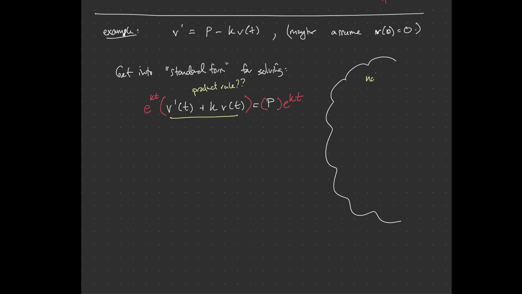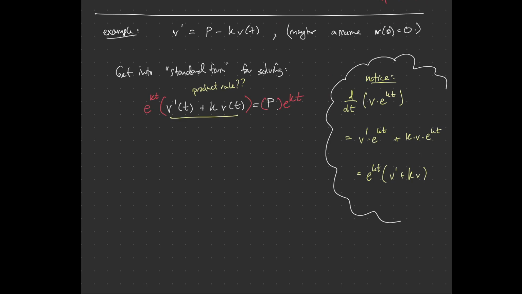Well, we notice that when I take the derivative of v times e to the kt, what are we going to get? Well, we'd get v prime times e to the kt plus what? k times v times e to the kt. And doesn't that look a heck of a lot like what we've got now, this e to the kt times v prime plus kv?